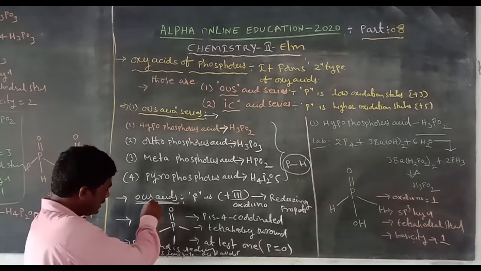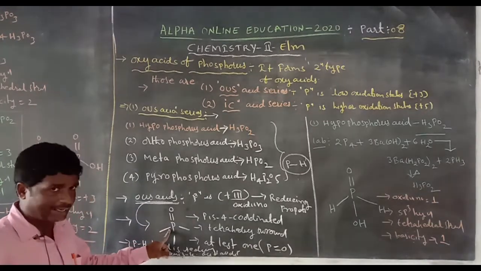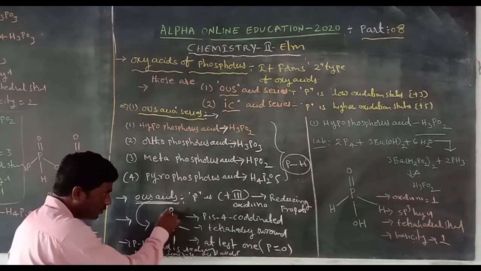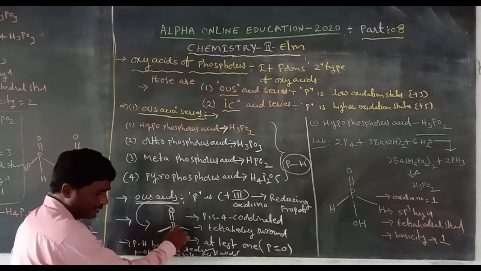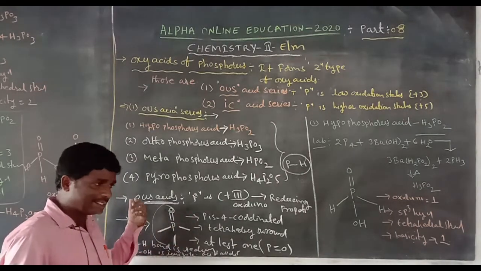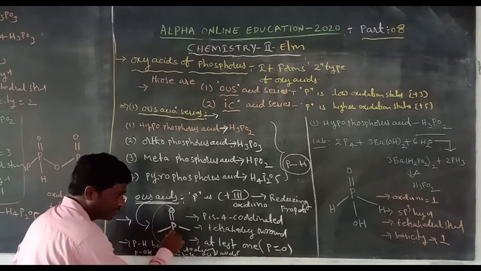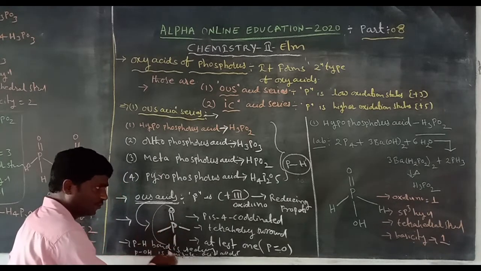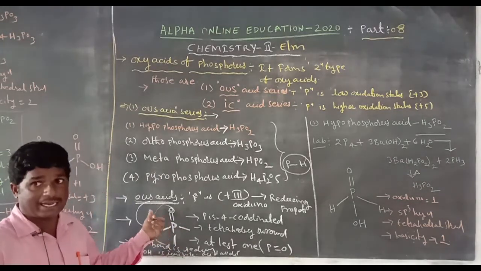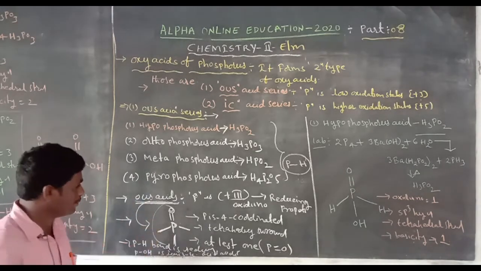Next, in ous acids the central phosphorus atom is four coordinated, with a double bond to O and three single bonds, that is a four coordinated tetrahedral surrounding. Next, in ous acids there is at least one P=O double bond.